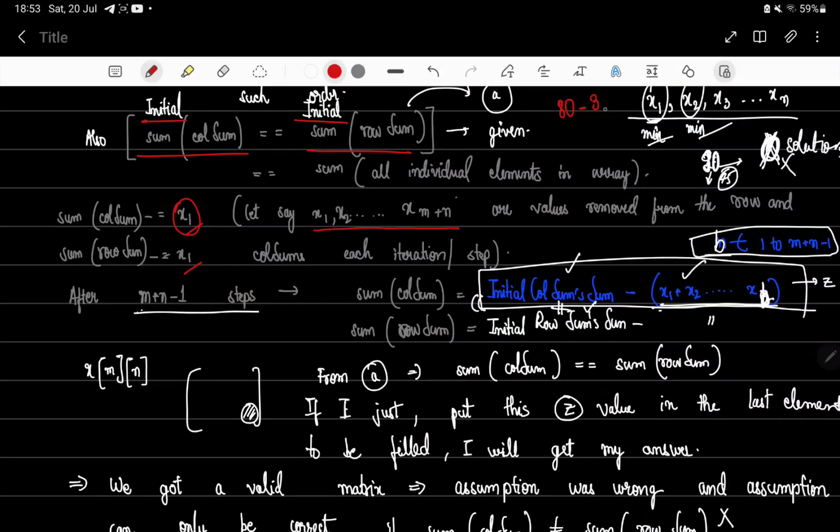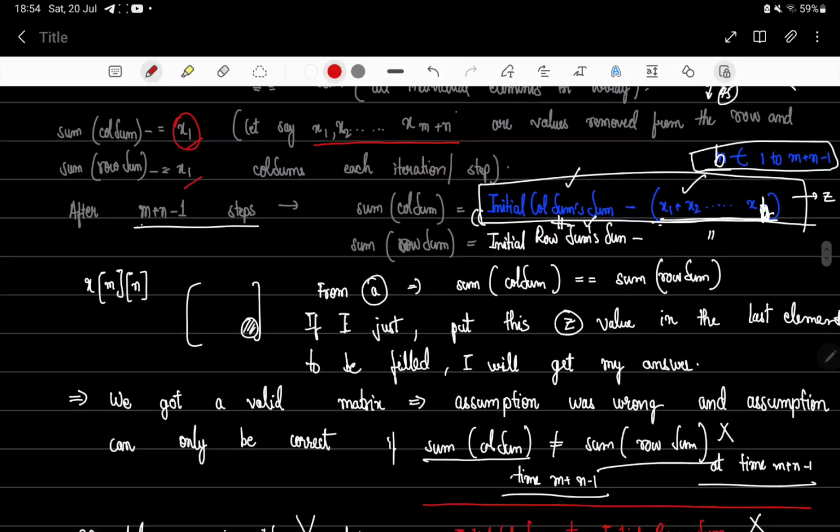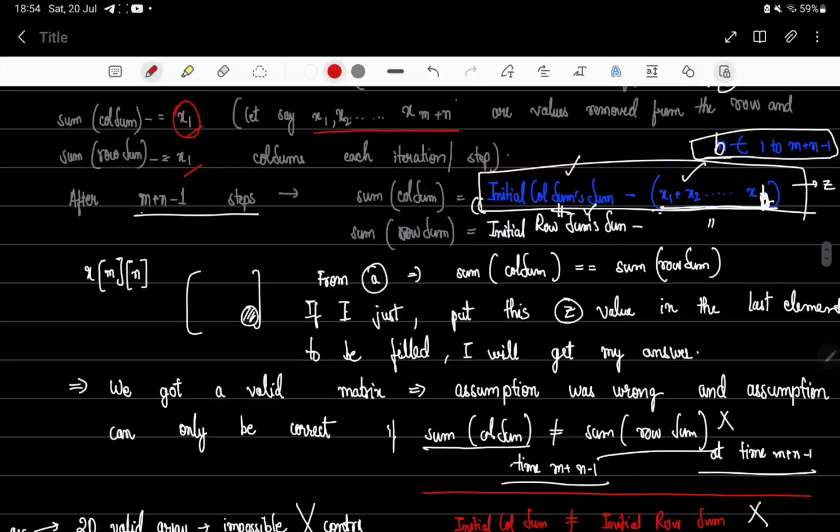So 3 will be removed at the first step, say, the next step some 1, and till the last step we will be removing only till 80. So we cannot exceed 80. To exceed 80, which contradicts this, we would have to exceed 80 to show that we cannot form an answer.